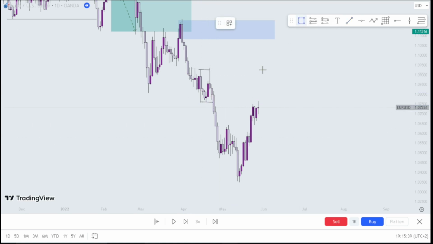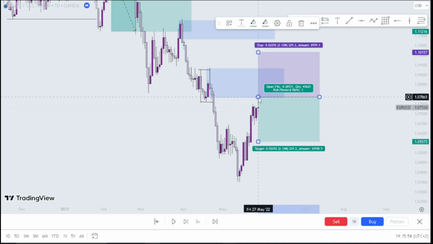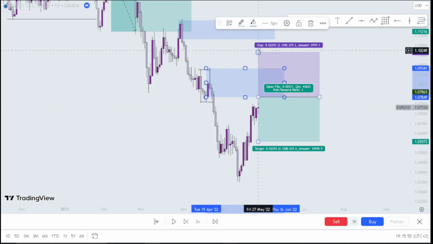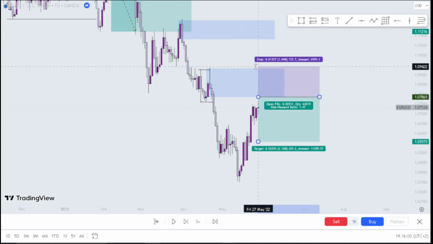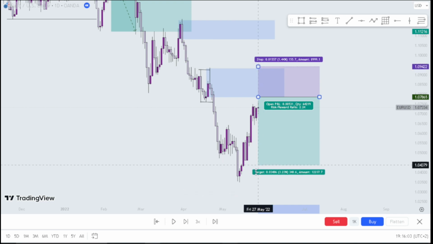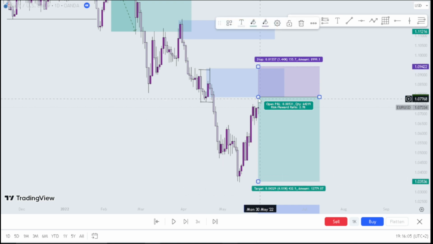So if we mark up the last up close candle before the down move, we can also include the wick of the next candle. That's the correct way to mark out our order block. So let's say we enter off the bottom of that order block and have our stop loss just behind, like this. Target the low. Let's see if we do get an entry.